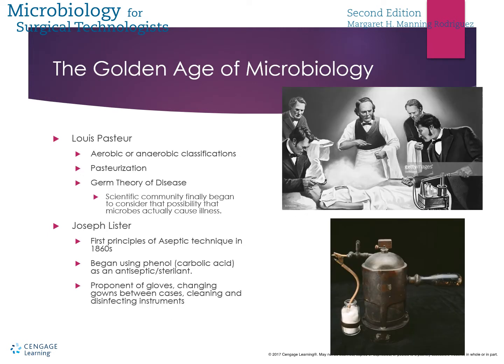Louis Pasteur and Joseph Lister were two of the most recognized figures of the golden age of microbiology. The things that they discovered were so amazing, and a lot of Lister's practices and Pasteur's practices, we still do today. So Louis Pasteur, he was a French scientist, and he conducted some experiments with some flasks and some beef broth.